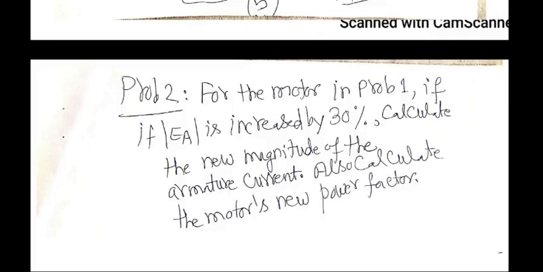And also the new power factor. It will not be 0.8 anymore, that's for sure. We don't know whether it's going to be leading or lagging. That's also a question to be answered.